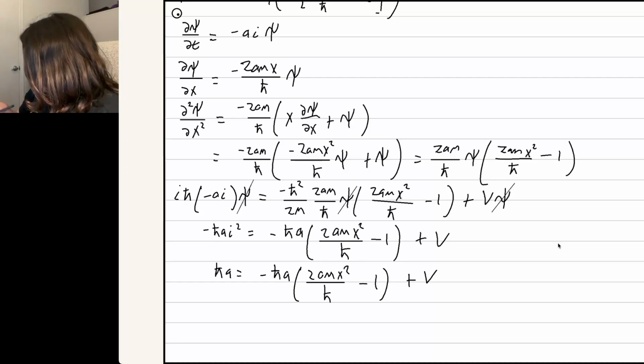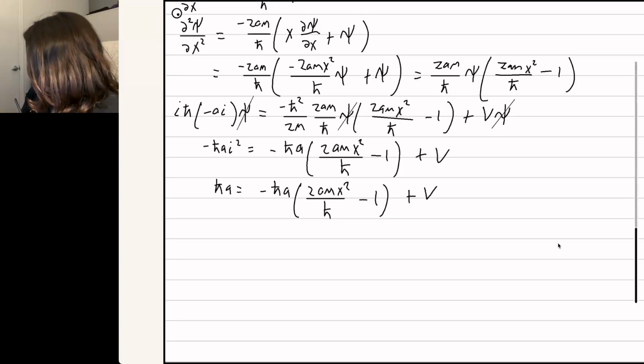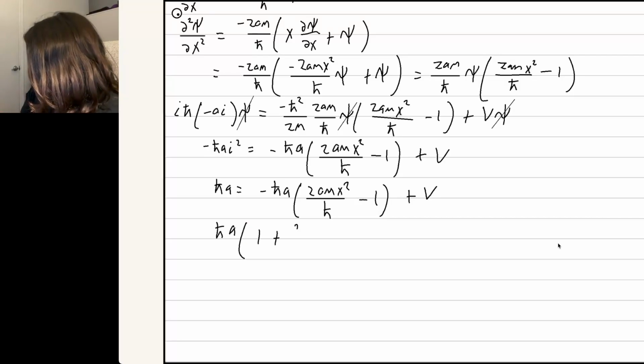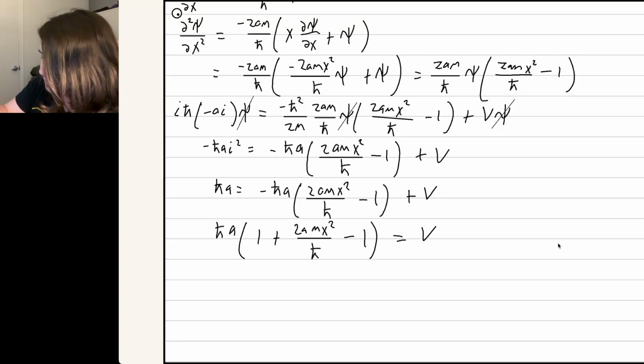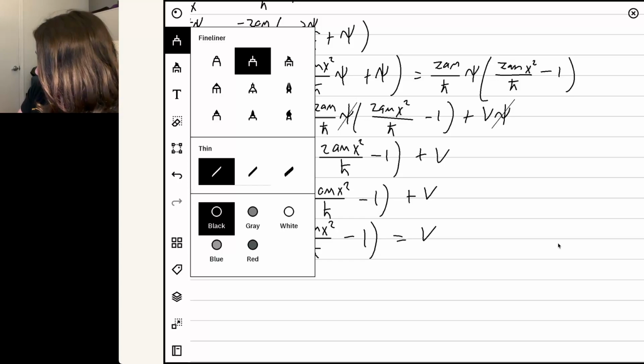Let's add the second term to both sides, so it's going to be h bar a times 1 plus 2amx squared over h bar minus 1 is equal to v. The 1's will cancel out, bam, bam.